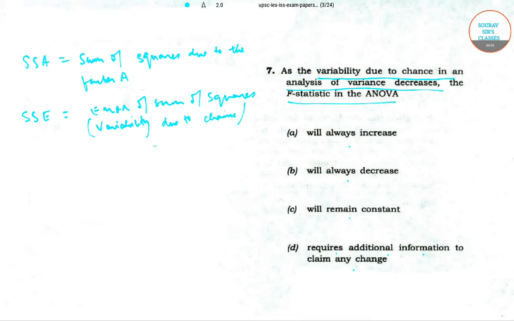Now we know that TSS, that is the total sum of squares, is equal to SSA plus SSE.